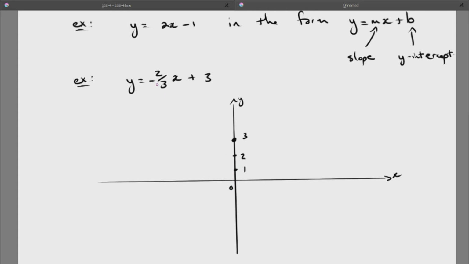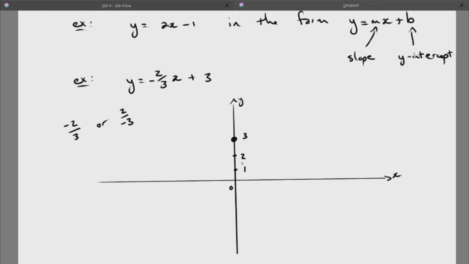And the slope now tells me, if I can put this negative with either one, I could see it as -2 with a 3, or I could see it as 2 with a -3. It really doesn't matter to me. It gives me a way to find another point. If I start from the y-intercept, I like to move towards the x-axis to just make it easier to draw.